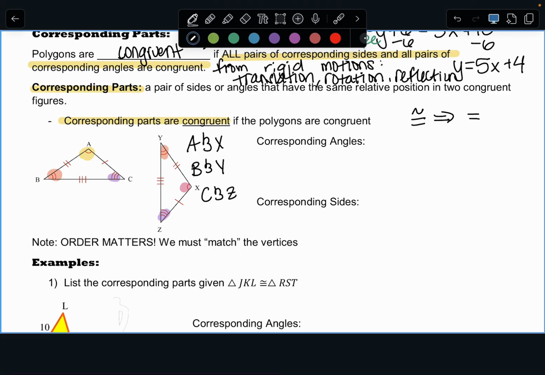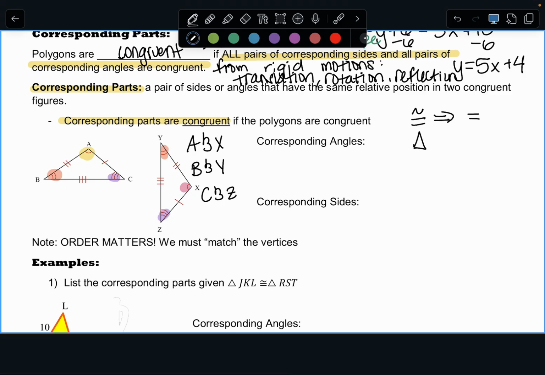So what I did is I just said, okay, point A corresponds with point X. Point B corresponds with point Y. Point C corresponds with point Z. And since we have a triangle that is congruent to another triangle, because all the parts are congruent, here's what we write. This is called a congruence statement.